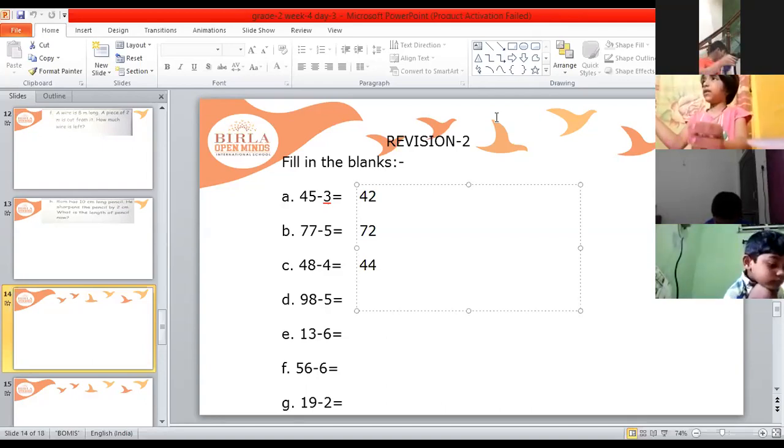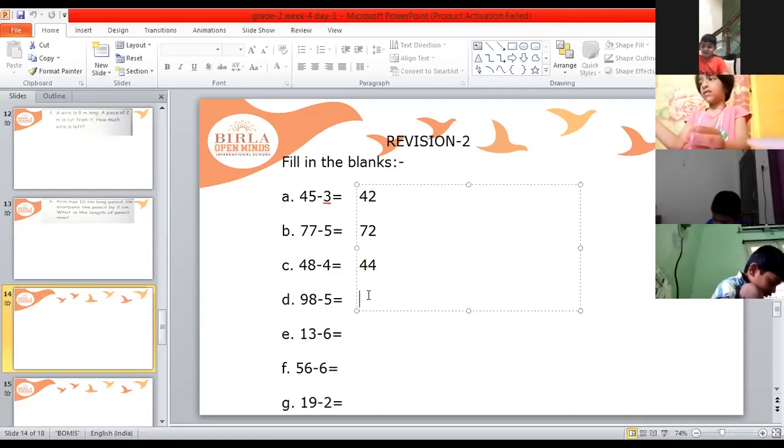Manha? Yes, ma'am. Read question number 4, the fourth bit, quickly. Bit number D, D for dog. 98 minus 5. So after the minus sign, what is the number?